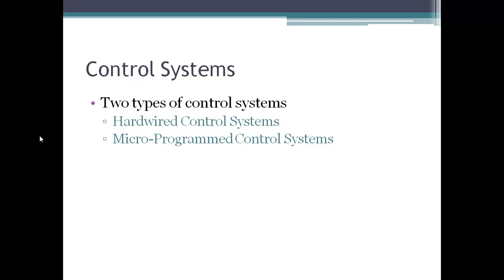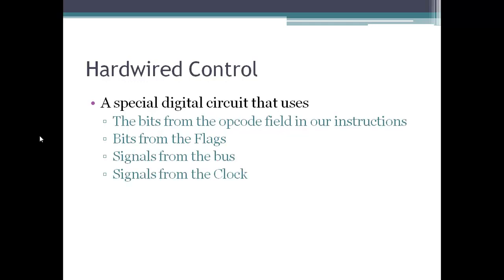Now next is the types of control units. The control systems can be of two types, that is hardwired control systems and micro-programmed control systems. First of all, hardwired control. In hardwired organization, the control unit is designed as a combinational circuit, that is, the control unit is implemented by gates, flip-flops, decoders and other digital circuits.